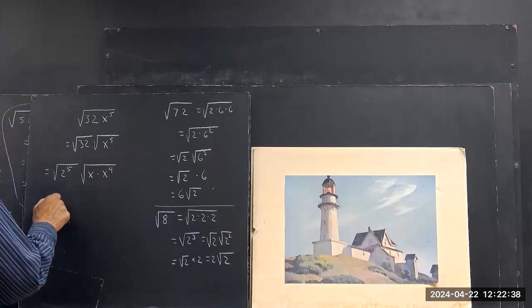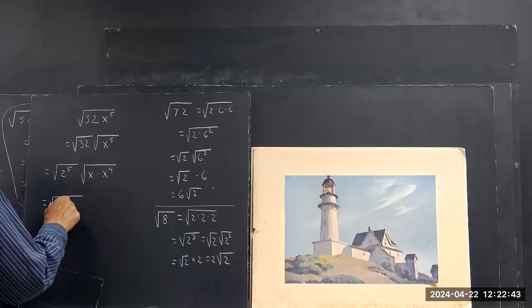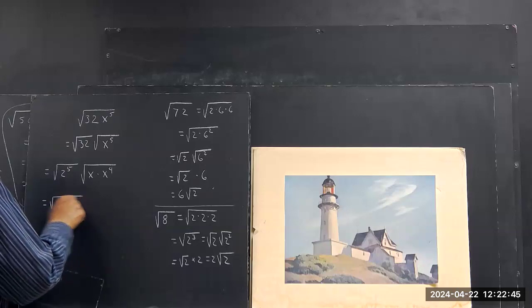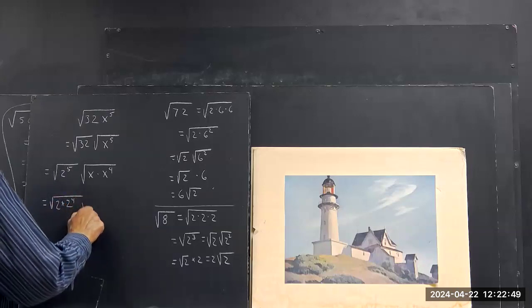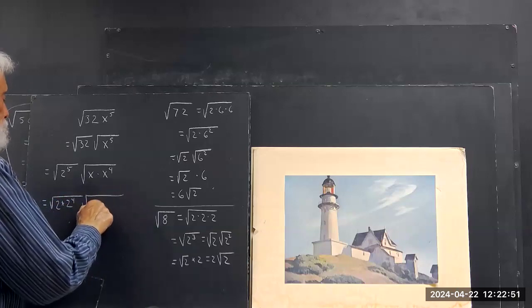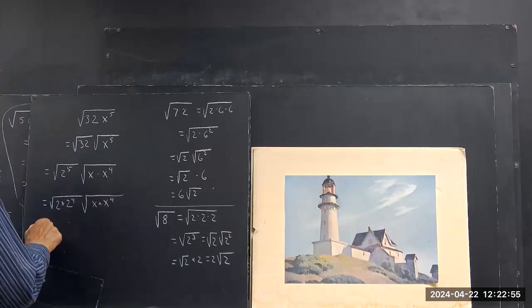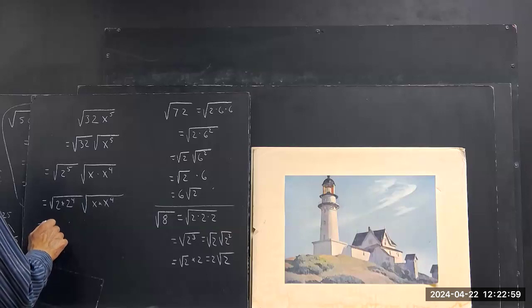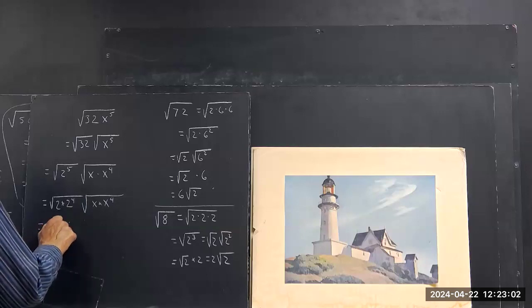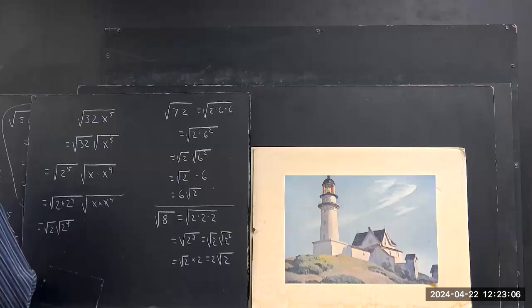Okay, well, this then is the square root of 2 times 2 to the 4th, multiplied by the square root of x times x to the 4th. Okay, just ignore the x's. The square root of 2 times 2 to the 4th is the square root of 2 times the square root of 2 to the 4th.